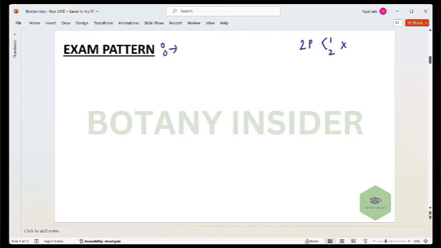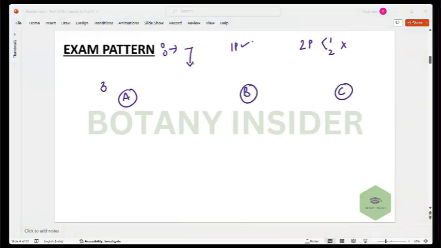For the life science, for the science students specifically, the paper pattern is that there is only one paper. First thing, in one paper there are three parts: part A, part B, and part C. Right? Part A, part B, part C.